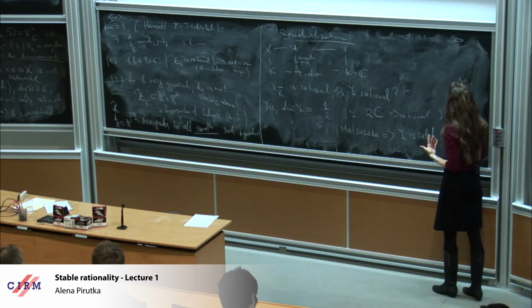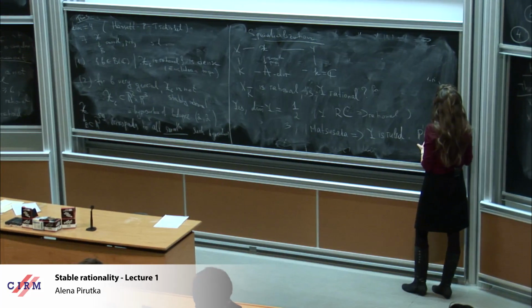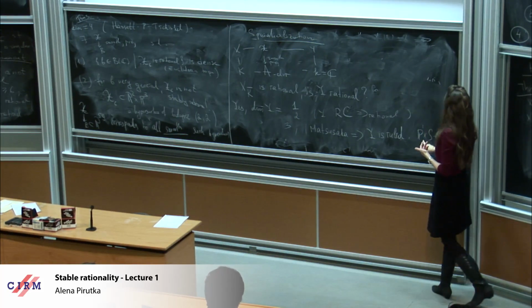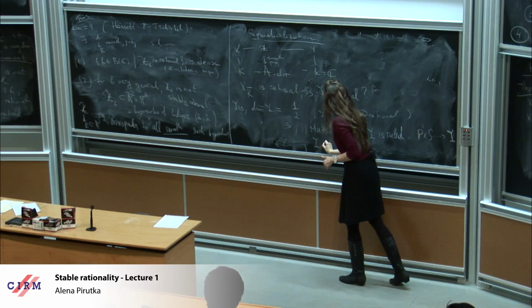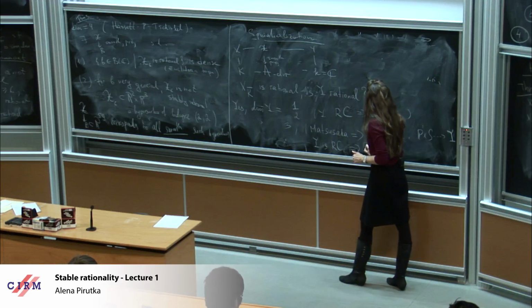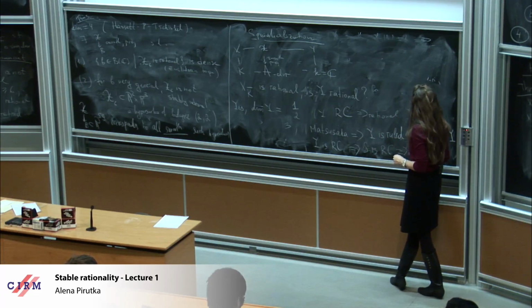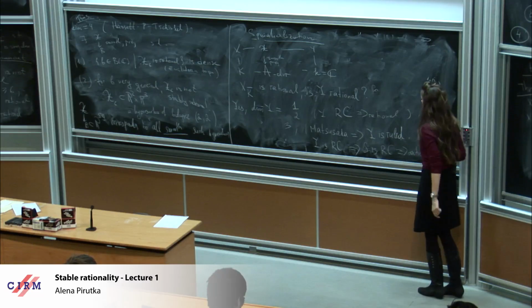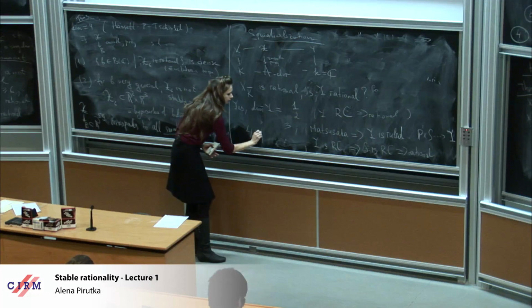So ruled means that I have a birational map from P^1 times a surface to Y. But by the way, Y is rationally connected, and so the surface is rationally connected, and so it's rational. And in higher dimension it is still open. So dimension 4 is open.